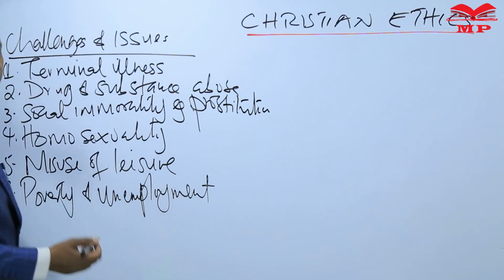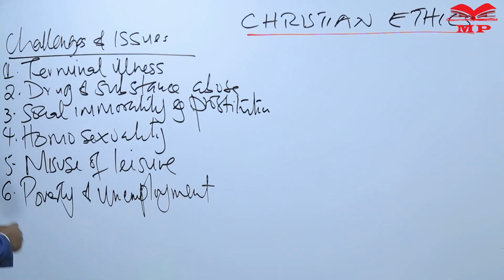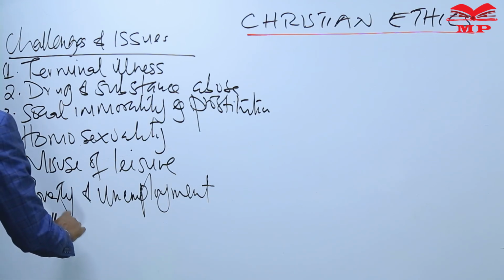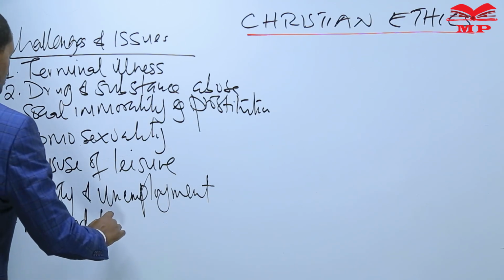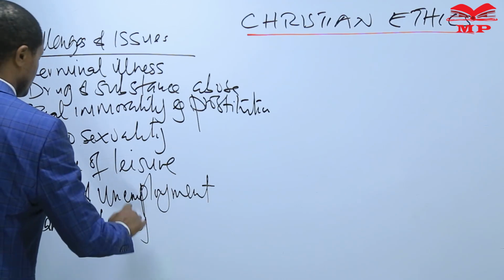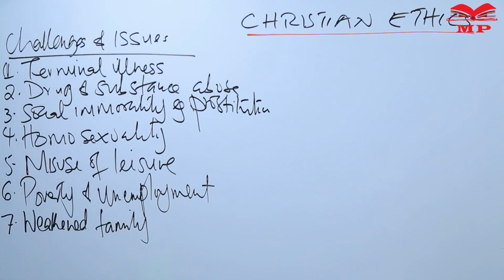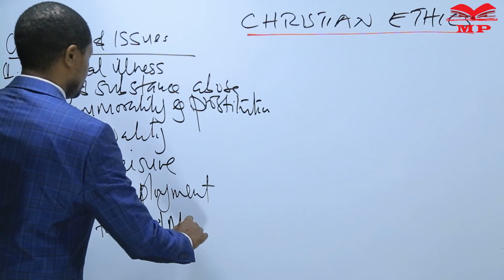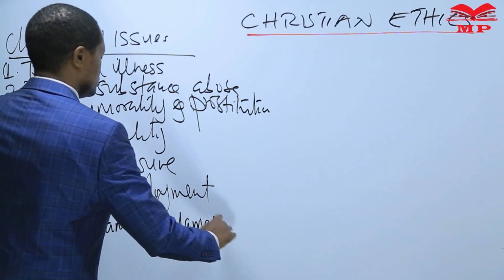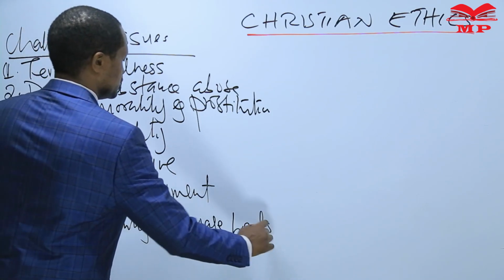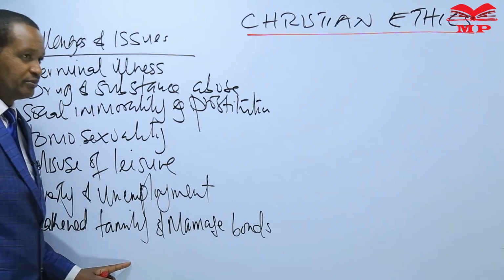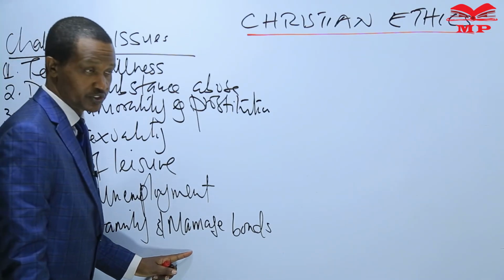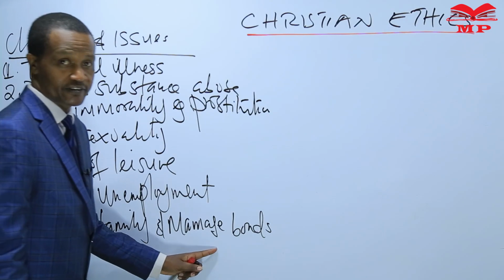Then we have weakened marriage and family bonds. We can say family and marriage bonds. Today we have issues of weak families. There are families that are divorcing. There are marriages that are failing.